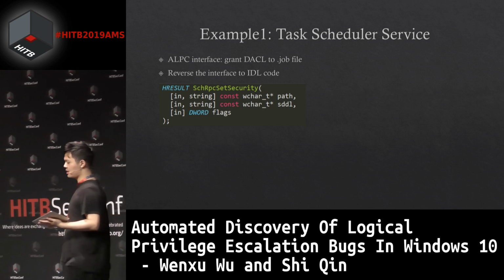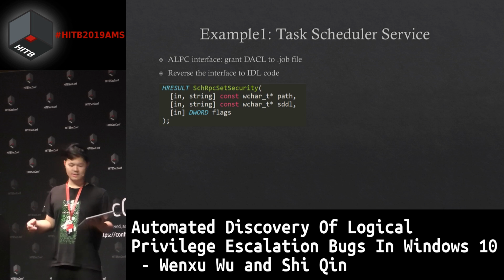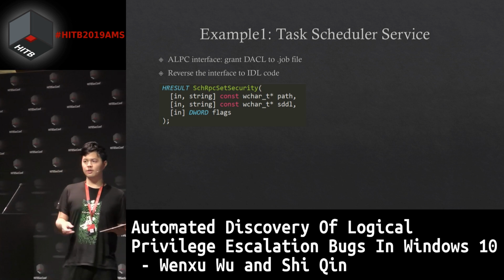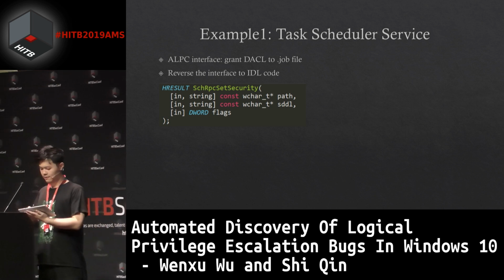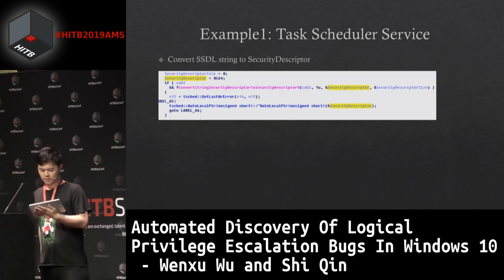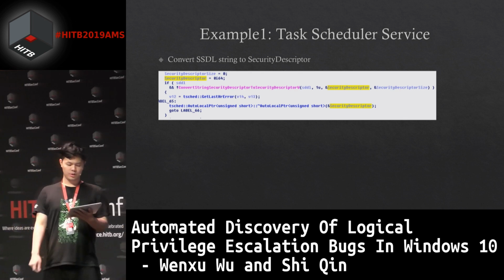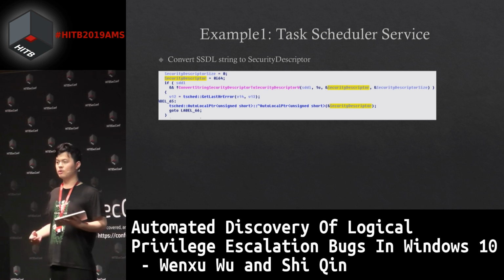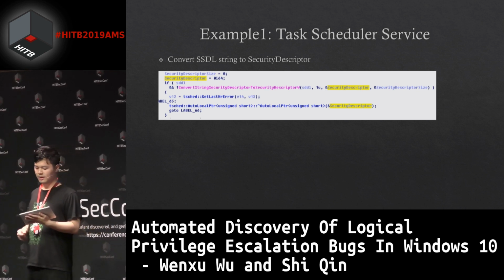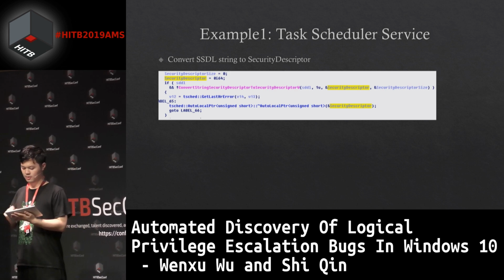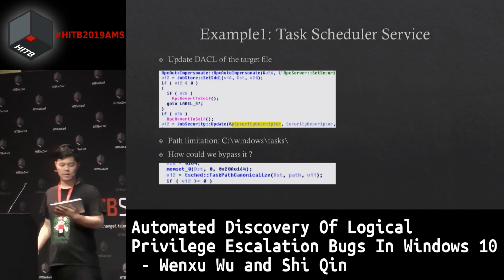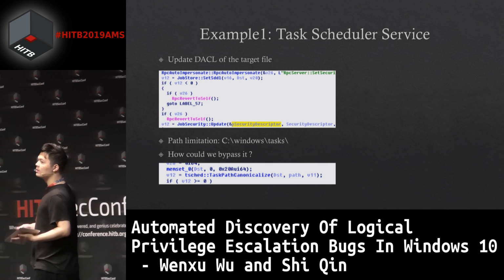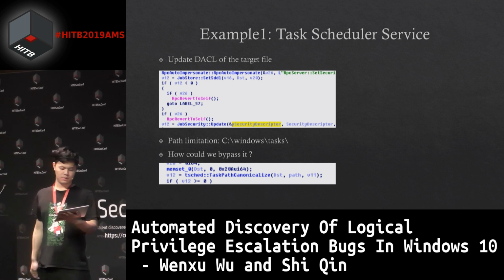The first one is the path, and the second one is the SDDL string, which is a security descriptor for the file. And after reverse engineering, we find the string is converted to the security descriptor for this DACL operation. And it would use update functions to update the target file's DACL.